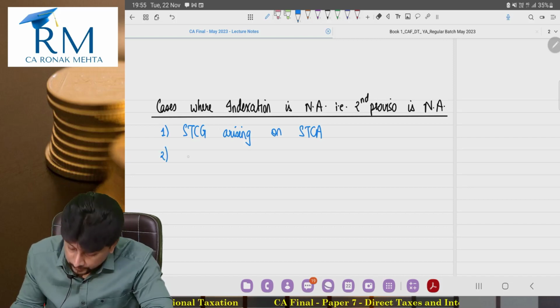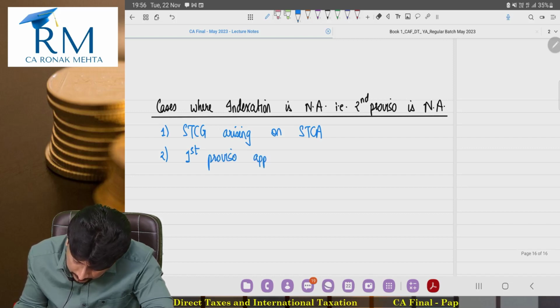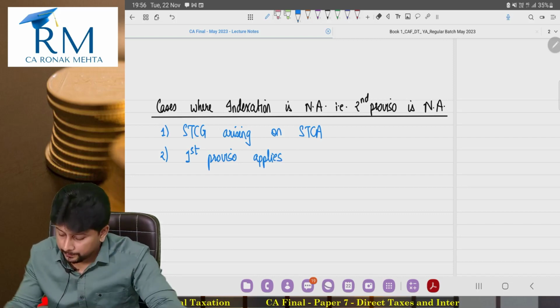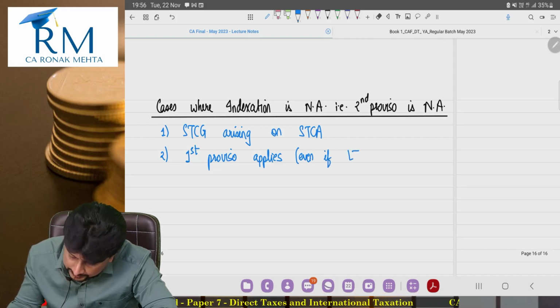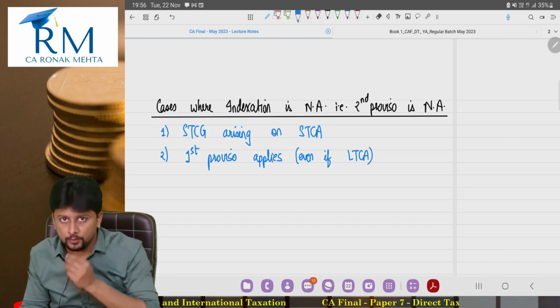Second, wherever the first proviso applies, then even if it is a long term capital asset, indexation will not be allowed.